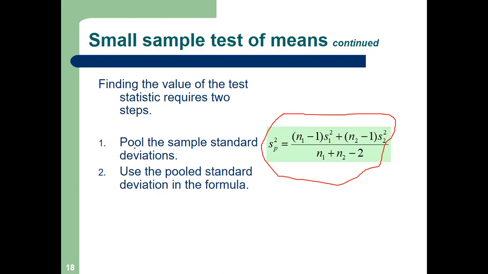Then I will give you the formula. Some of you were asking in the last class. So first you write and try to understand how this formula has come. Sp square, that means pooled standard deviation squared, is equal to n1 minus 1 into s1 square. What is this?